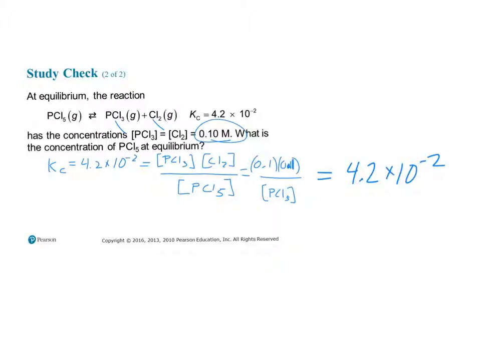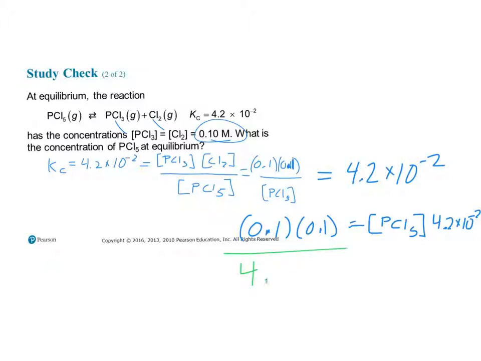We have our variable on the bottom, so we have to bring it out to the other side. So we've got 0.1 times 0.1 now equals PCl5 times 4.2 times 10 to the negative second. I've got to get my variable by itself, so now I'm going to divide both sides by 4.2 times 10 to the negative second.